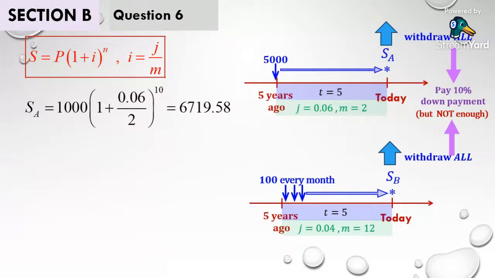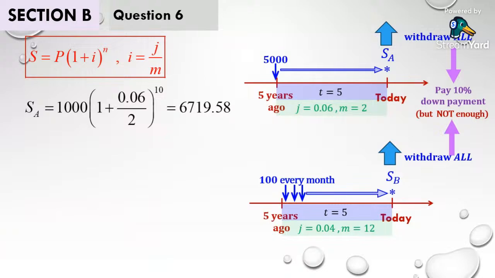So why is it the power of 10? n equals 10 because 1 year compounds 2 times, in total 5 years, so 2 times 5 is 10. And therefore, pressing the calculator, we have the answer 6719.58. Here I don't put the RM because it's not the final answer yet. So you put RM or don't put RM, it doesn't matter.